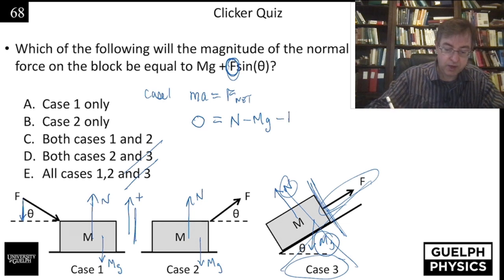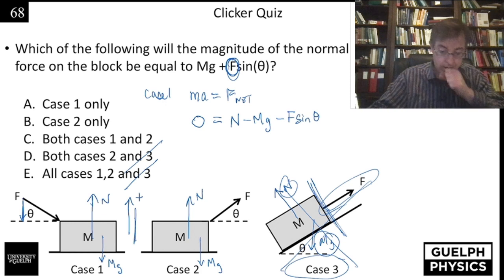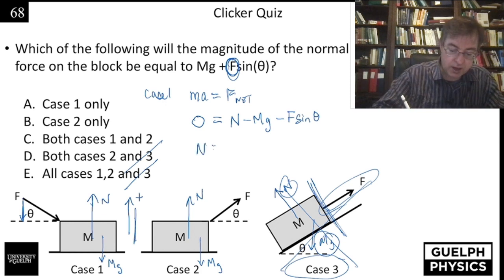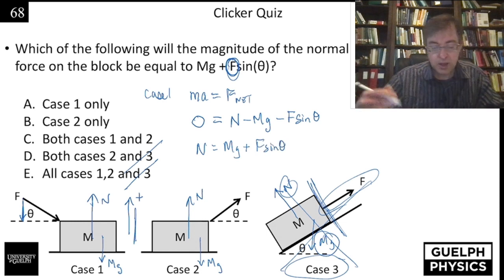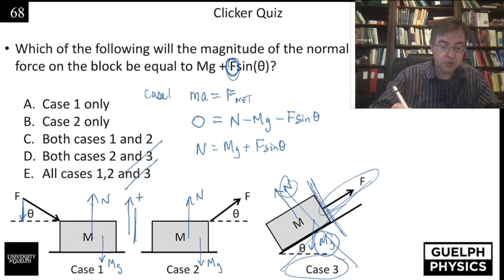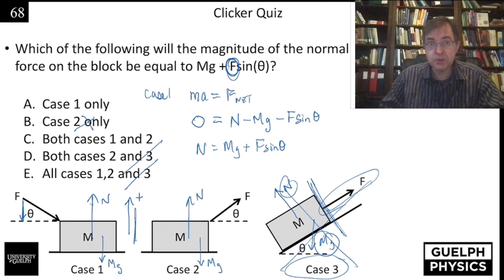So that's negative F sine theta. If I solve this, I get N is equal to mg plus F sine theta. And so case 1 is definitely possible. That eliminates B, because case 1 is definitely one of the possibilities.